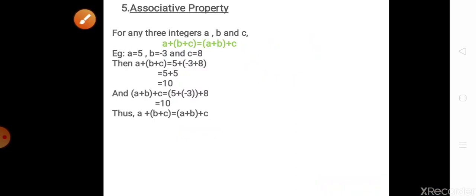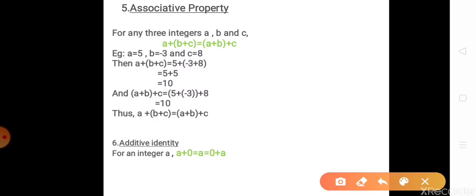Then the last one for today is your additive identity. So what is additive identity now? It goes like this. For an integer a, a plus 0 is equal to a, which is also equal to 0 plus a. Very simple, right? But why is it termed additive identity?